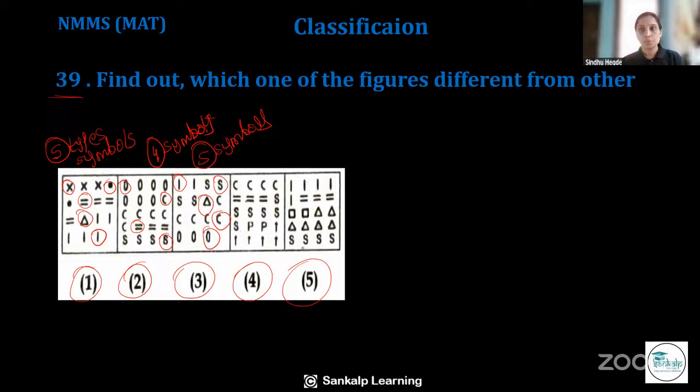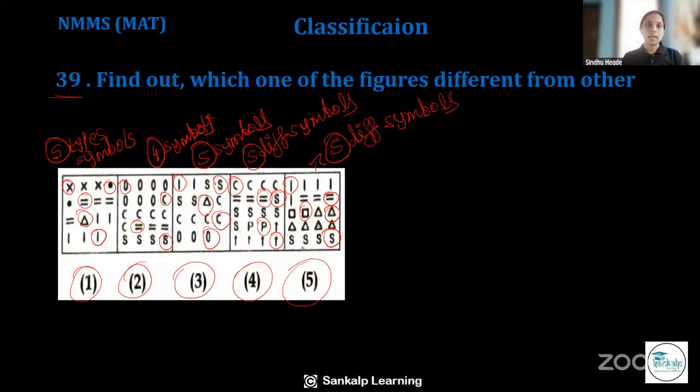Then figure 4, C 1, 2, S equal 3, and then P, and this one is different. 1, 2, 3, 4, and again 5 different symbols. Then image 5, 1, 2, 3, 4, 5. So this one is also formed with 5 different symbols.